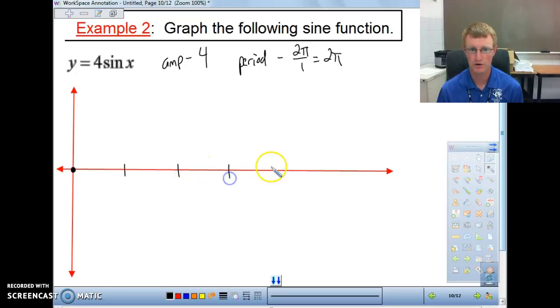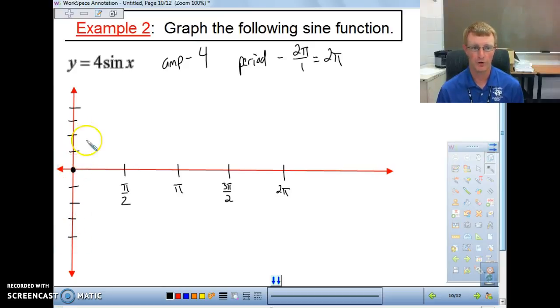Because the period is still the same, we're going from pi halves to pi to 3 pi over 2 to 2 pi. The only thing that's different is that now our amplitude is 4, so instead of going up to 1, we are going to go all the way up to 4 and all the way down to negative 4.